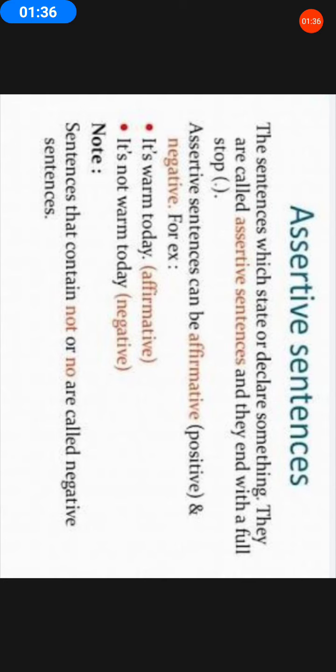These assertive sentences can be affirmative or negative. For example, it's a warm day. This sentence is affirmative, whereas the next, it is not warm today, is a negative sentence.